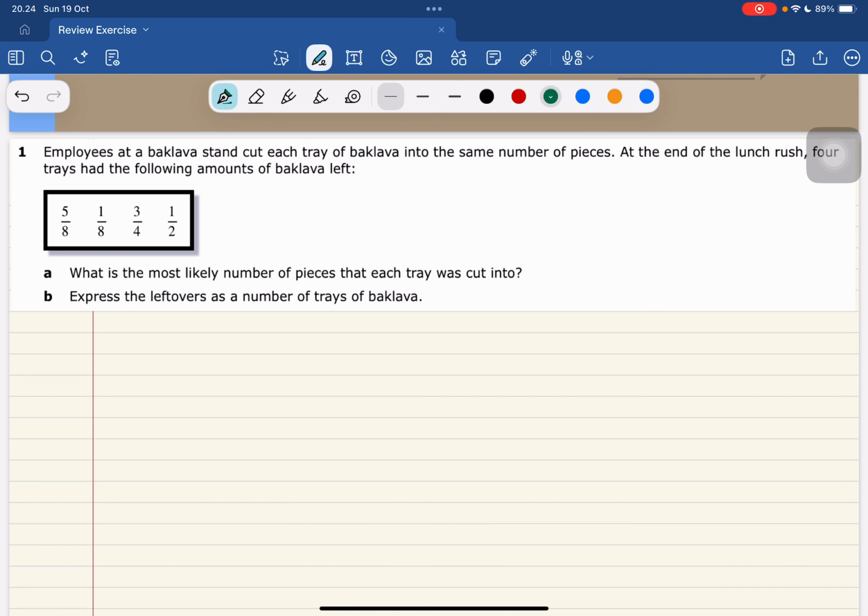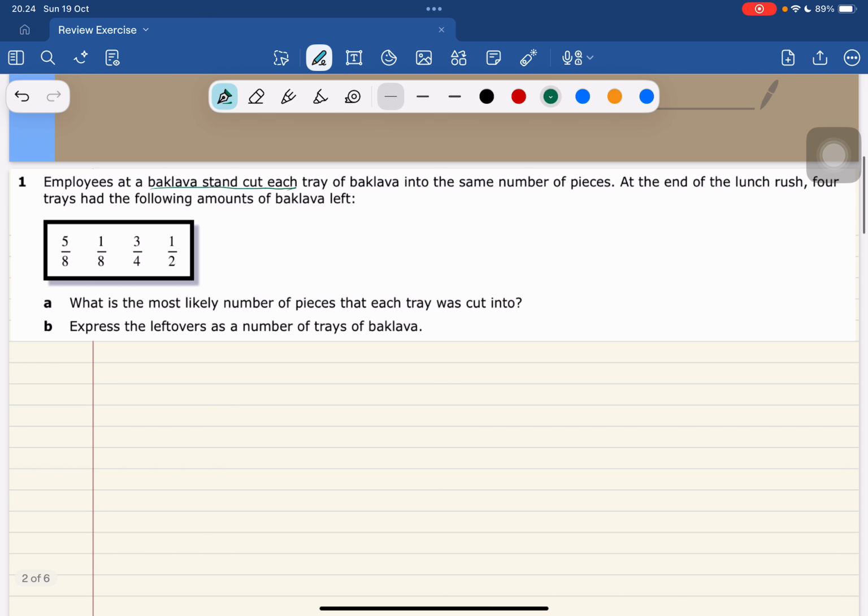Employees at a baklava stand cut each tray of baklava into the same number of pieces. At the end of the lunch rush, 4 trays had the following amount of baklava left. What is the most likely number of pieces that each tray was cut into?